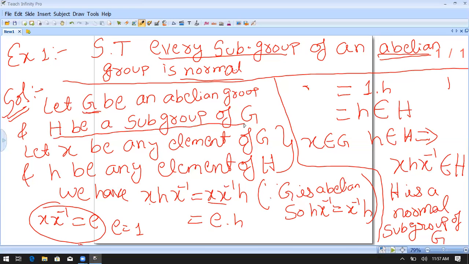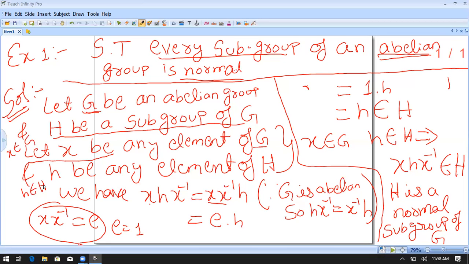After that, let x be any element of G, or we can say x belongs to G. Then let h be any element of H, or we can say h belongs to capital H. So we have both x and h.